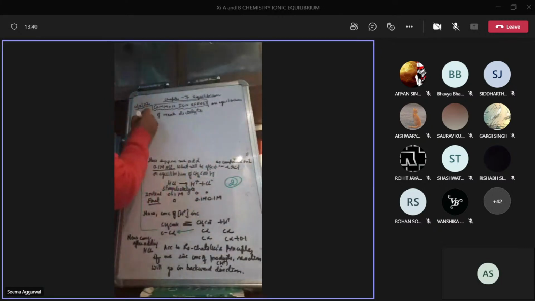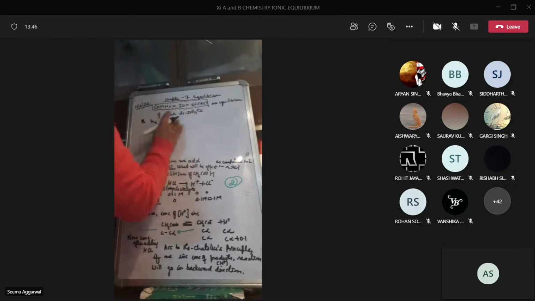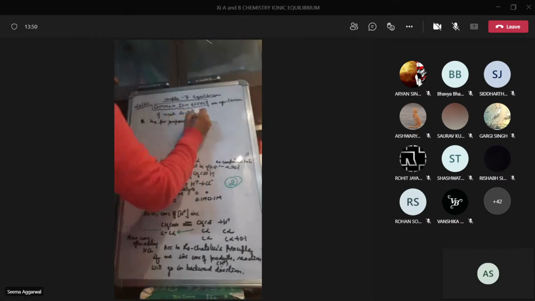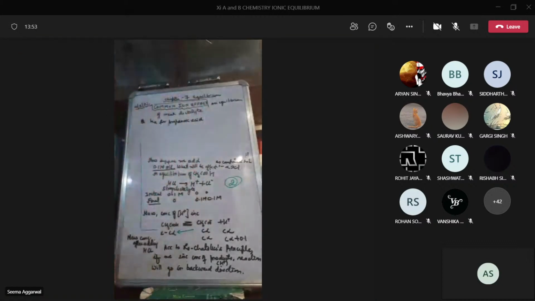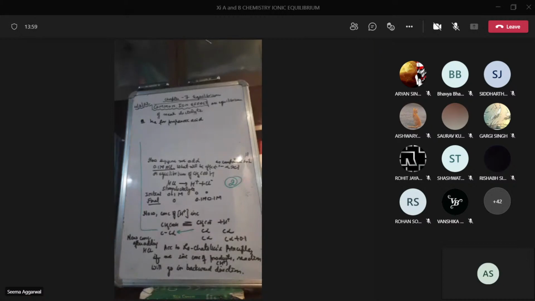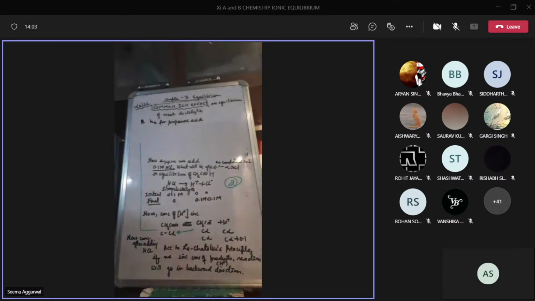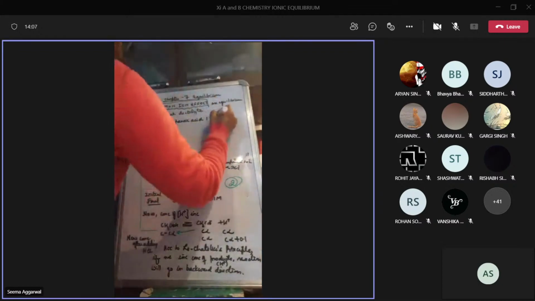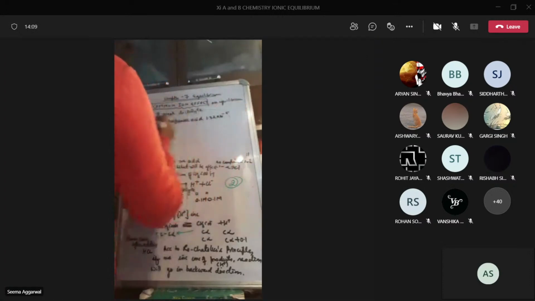Now my question is: the ionization constant, or simply Ka, for propionic acid is 1.32 into 10 to the power minus 5.